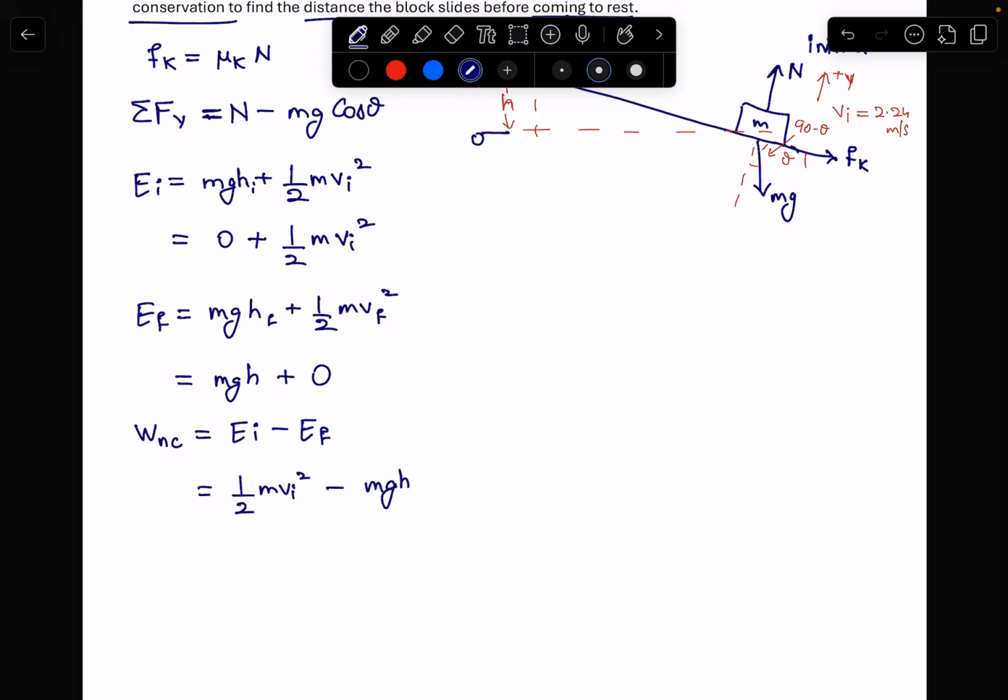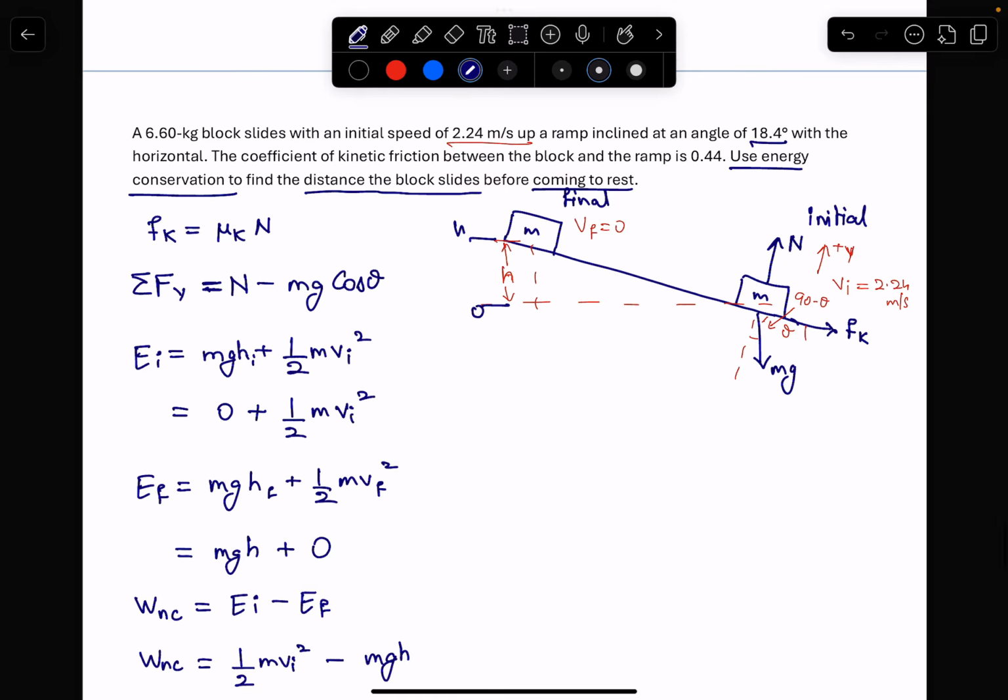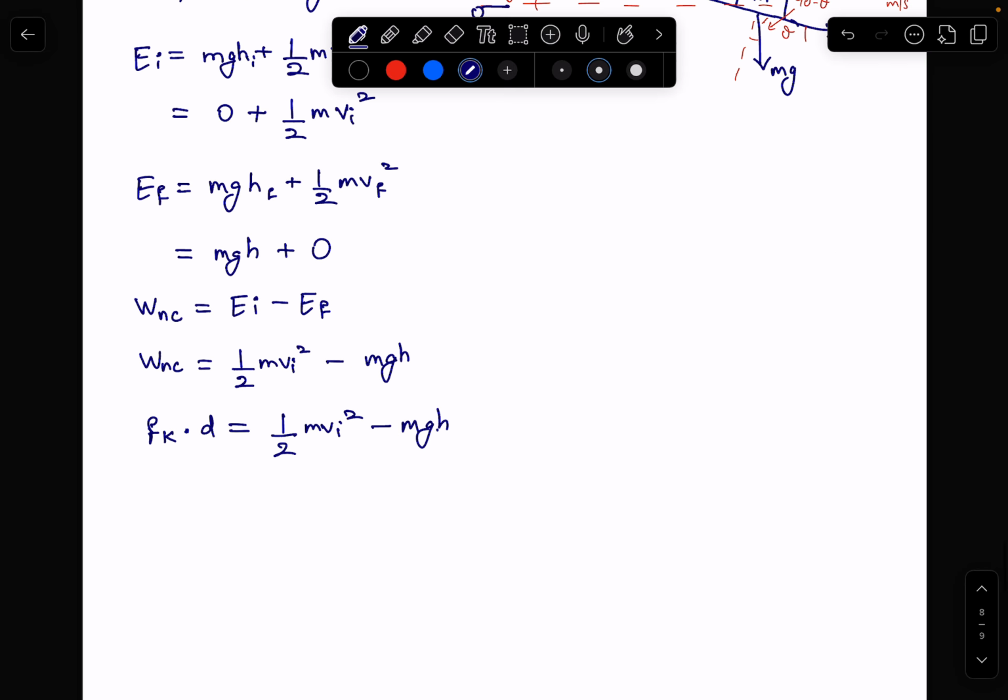The work done here should be equal to friction force times the distance traveled. And the friction force should be equal to mu k n times d, which equals half mv initial squared minus mgh.